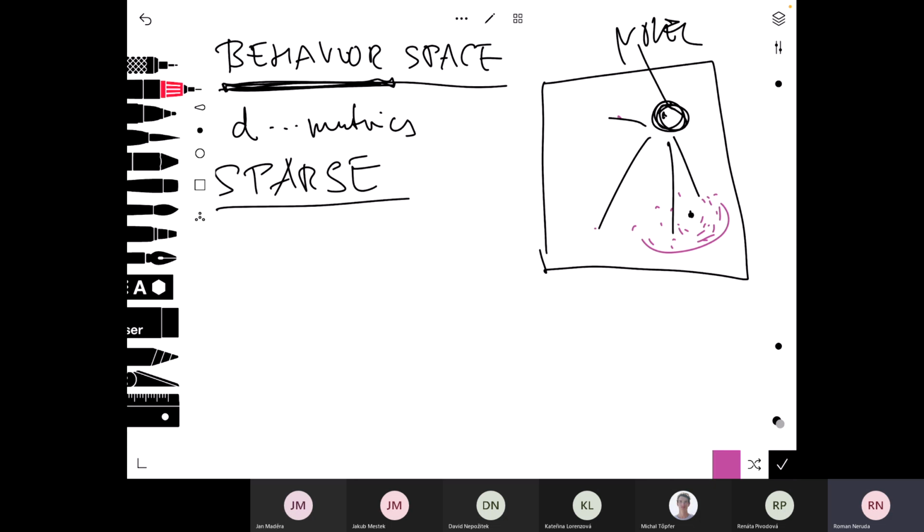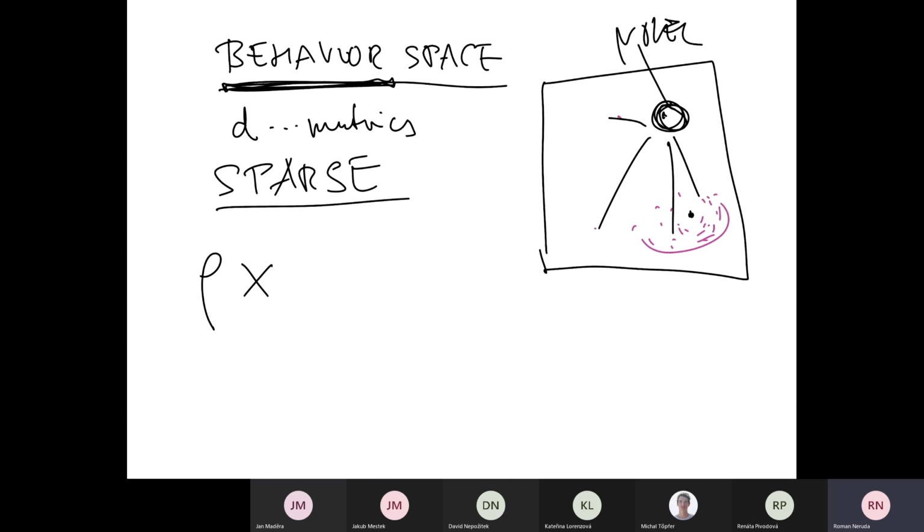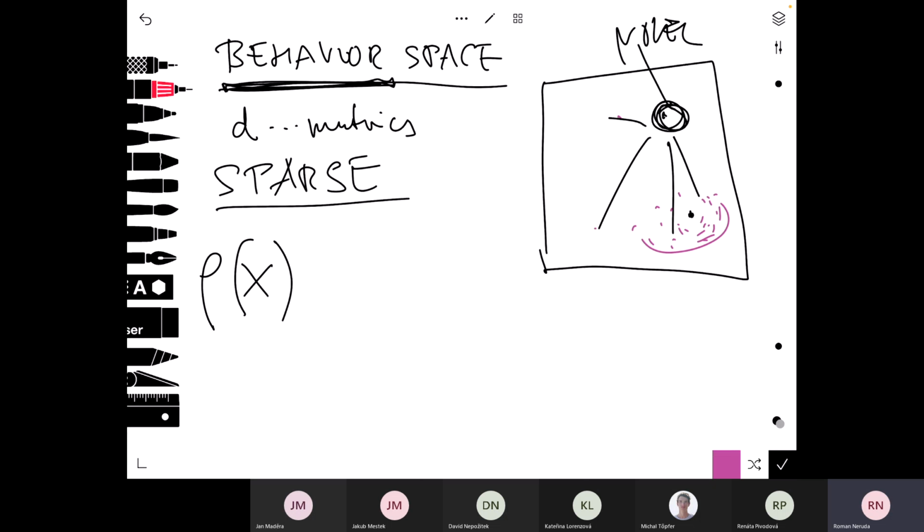So sparse is the opposite of dense, right? So you define some kind of sparseness, and how do we do it? Well, for the individual X, the sparseness is a sum of distances to some of its neighbors, right? So you're summing the distance from, say, the k nearest neighbors.